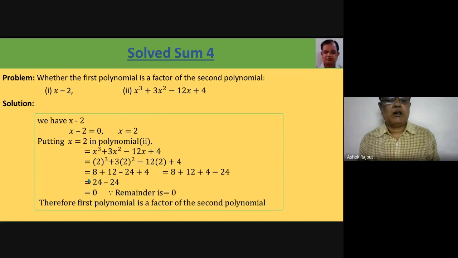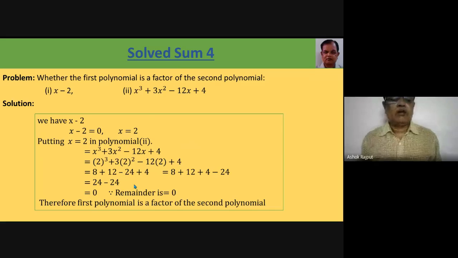Now we are seeing, first we add the positive terms: 8 plus 12 plus 4. It is negative only, so minus 24. We are seeing here 24 minus 24, it is 0. The remainder is 0. Therefore the first polynomial is a factor of the second polynomial, because its remainder is 0.